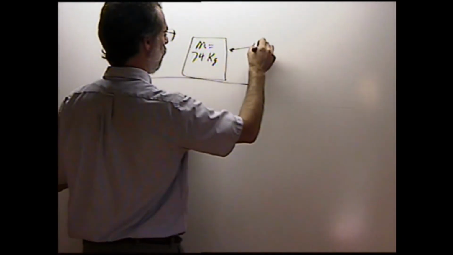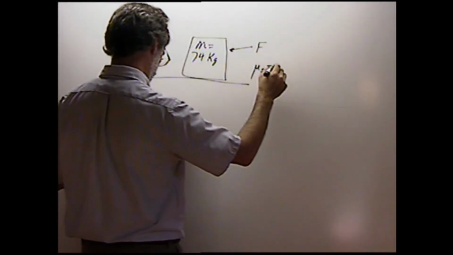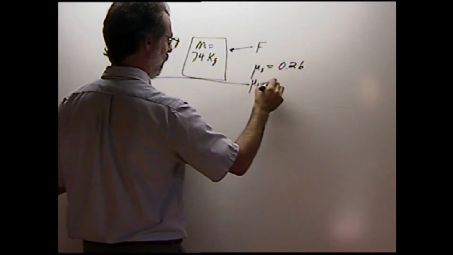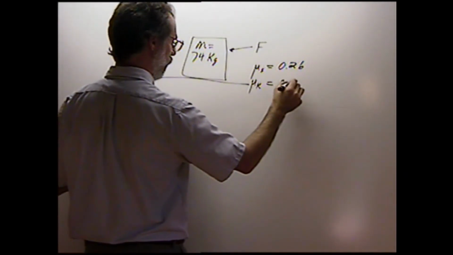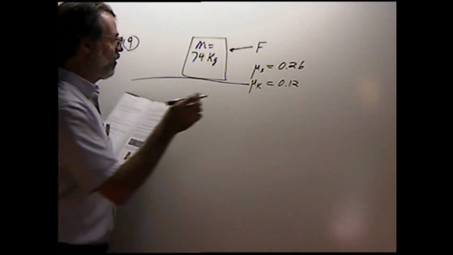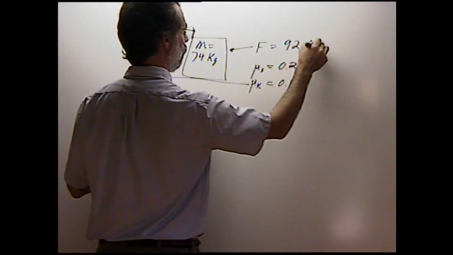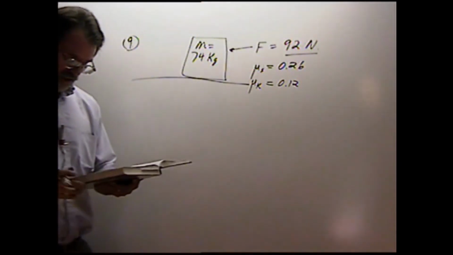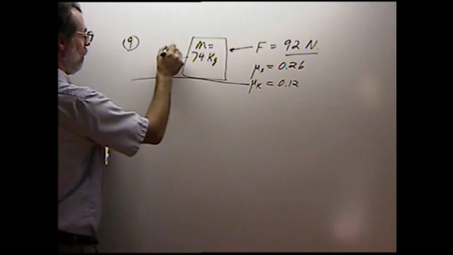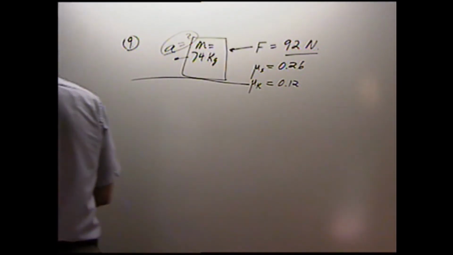It gives you what the static coefficient of friction is, 0.26, as well as a kinetic coefficient of friction, 0.12. And he pushes with the force of 92 newtons. The question is, how fast will the box accelerate? So calculate the acceleration of the box.